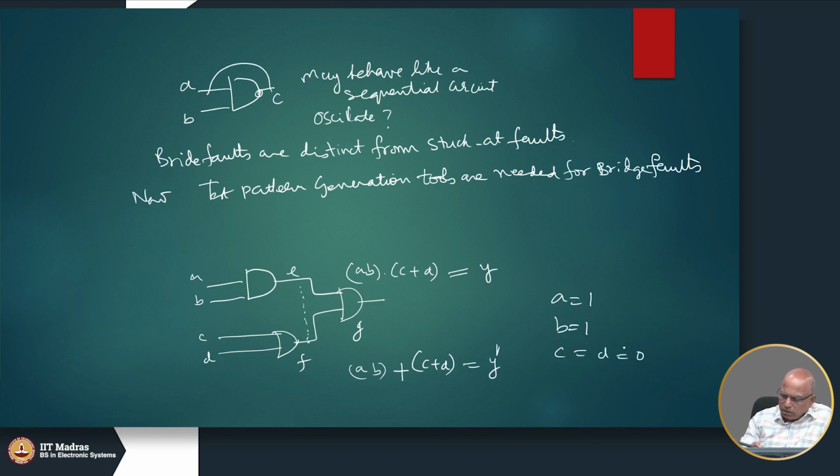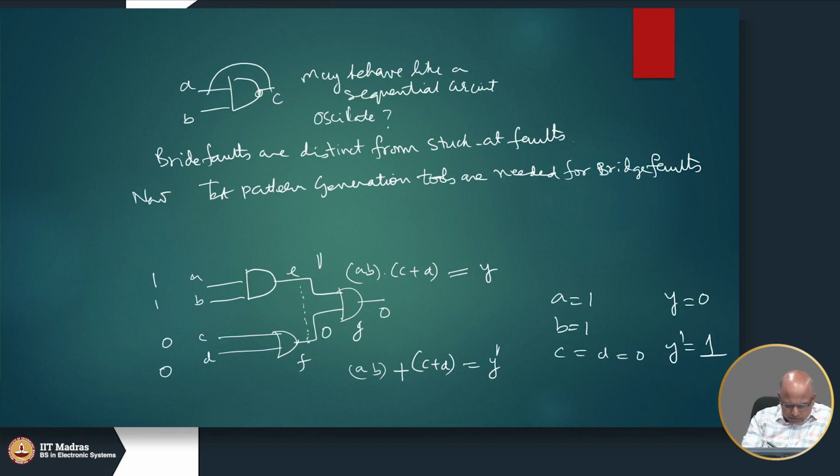Then what will Y be? C plus D will be 0, so Y will be 0. But here AB will be 1, and 1 plus 0 will be 1. So if I apply 1, 1 here and 0, 0 here, a good circuit will produce a 0.